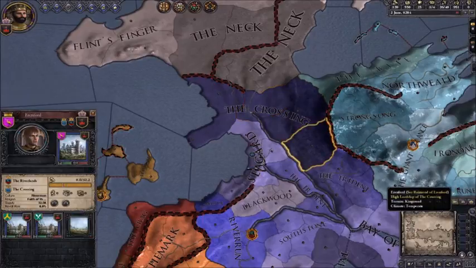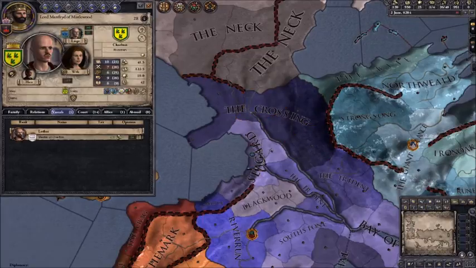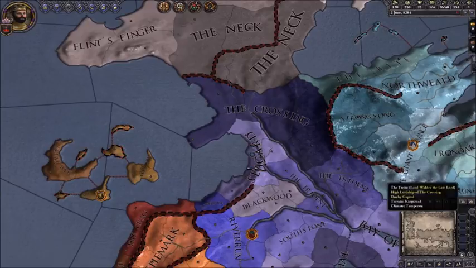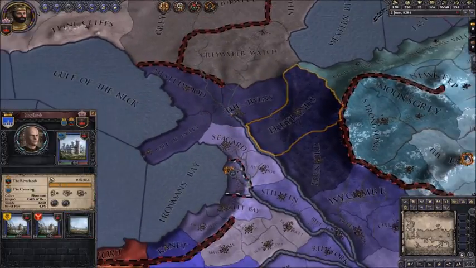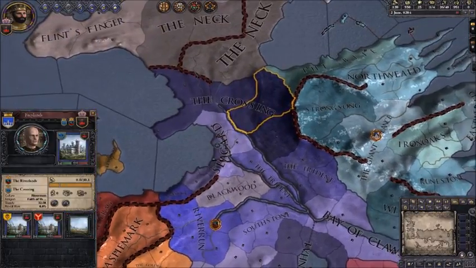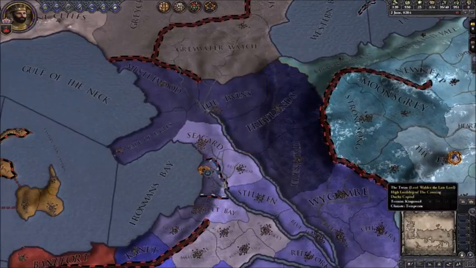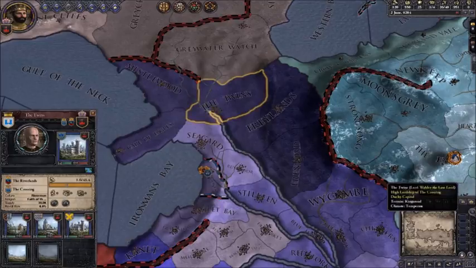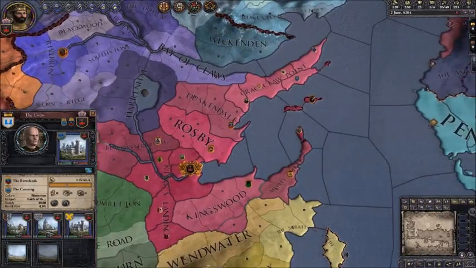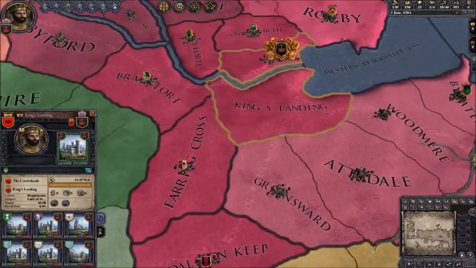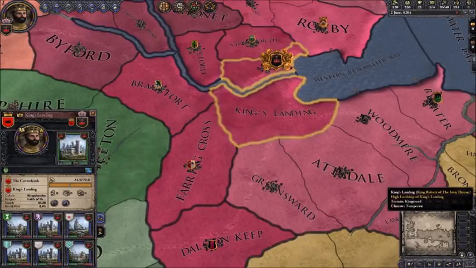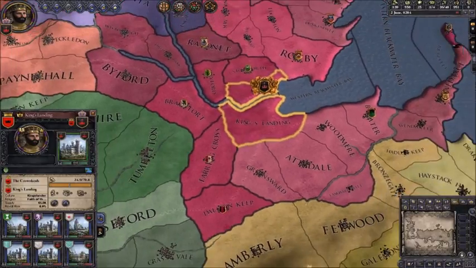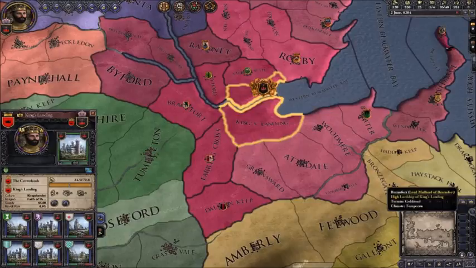the Freys control personally, and the land a house controls personally is called the Demesne. The Demesne is land that is held and administered personally by the Lord and is not held in vassalage by anyone. King's Landing, for instance, is held directly by the king. The king has direct control of King's Landing. All taxes paid by King's Landing go directly to him, and no one administers it on his behalf.